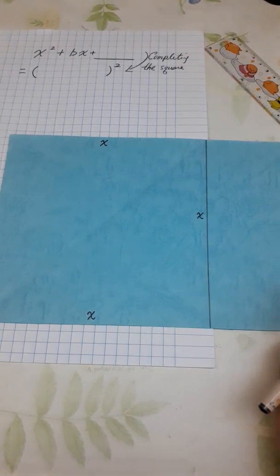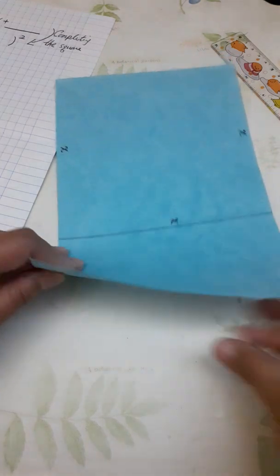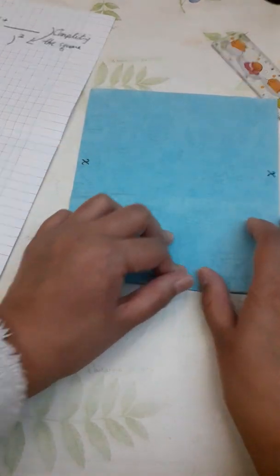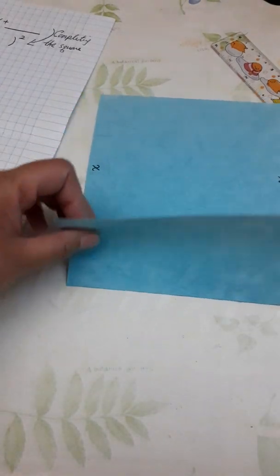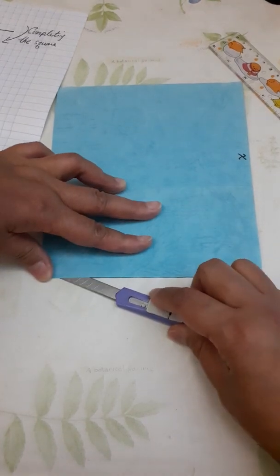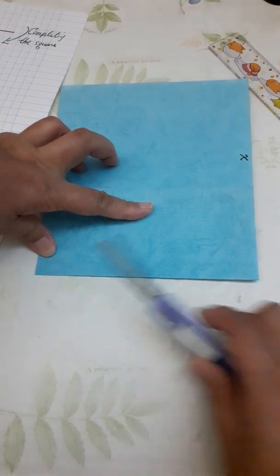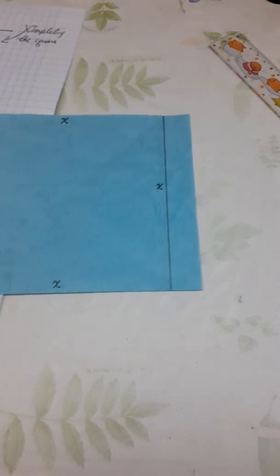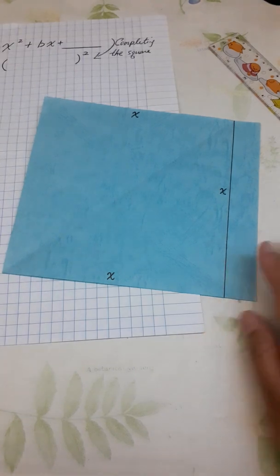Now, I'm going to cut this paper, but I'm not going to cut it as a square. I'm going to cut it like that. Okay, cut it. Right. And then you can see that there are actually two figures here.